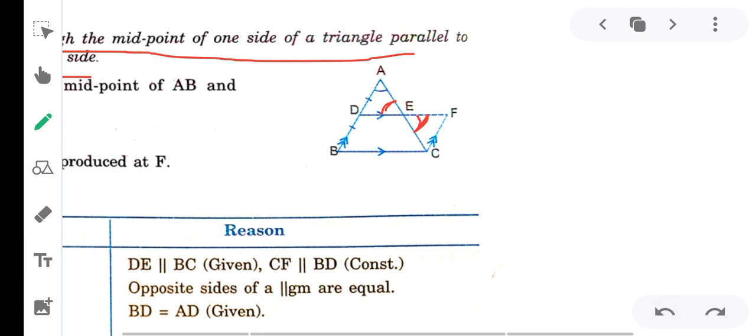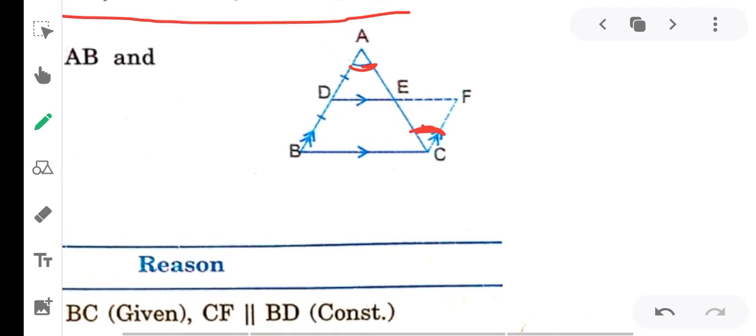Then angle EAD equals angle ECF because CF is parallel to AD, and AC is a transversal, so these two angles are alternate interior angles.